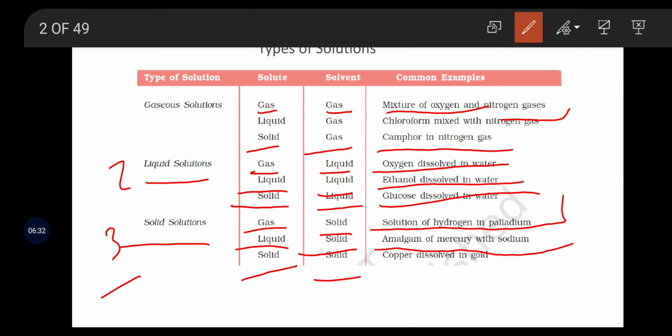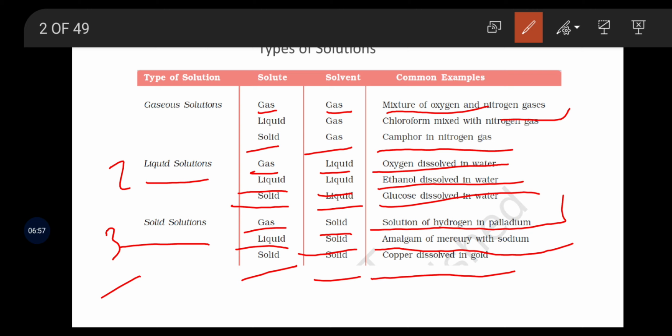And lastly, solid dissolves in solid, the type of solution will be solid in solid. Example, copper dissolved in gold. All alloys are solid in solid solutions. They are solid.